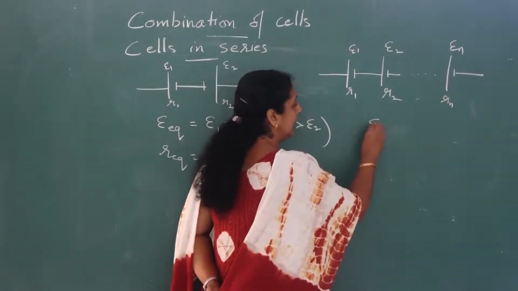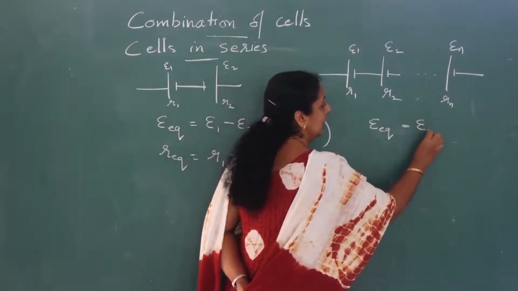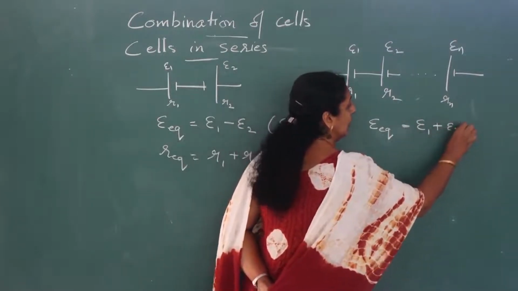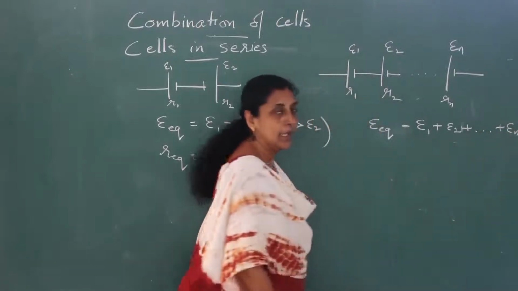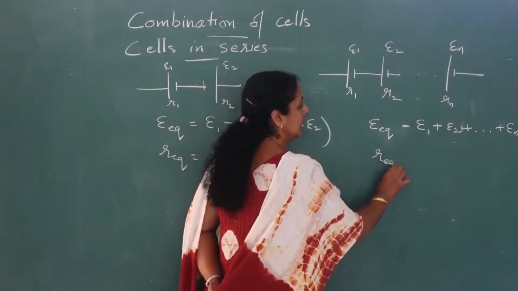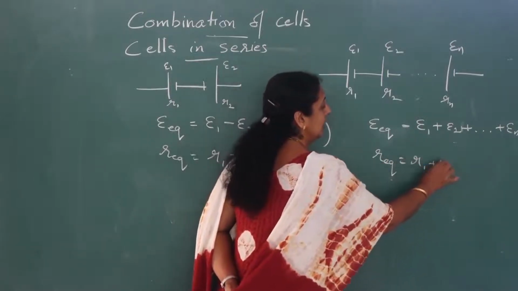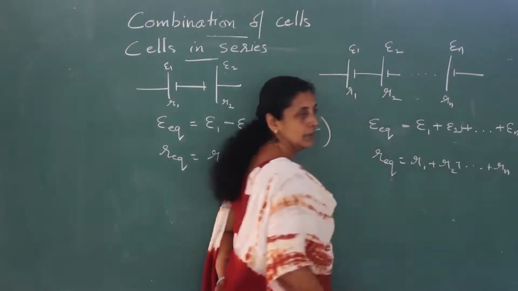Then the equivalent EMF of the combination is given by E1 plus E2 plus so on plus En, and the equivalent internal resistance of the combination is given by R1 plus R2 plus so on plus Rn.